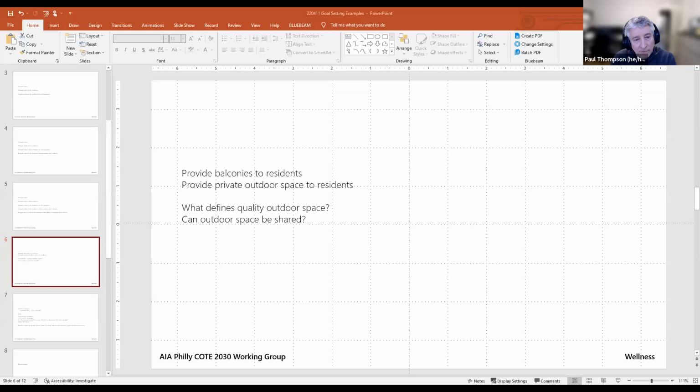Is the biggest goal to have private spaces for everybody, and a balcony is a way to affect that goal? Of course, the pushback is, yeah, but balconies cost money. So we talked a little bit about potential ways to address issues that some of the project team, or maybe the owner's team, or maybe the financial team, may have.